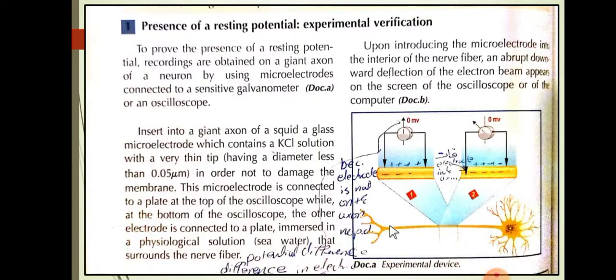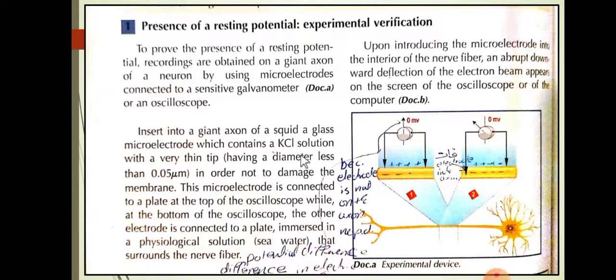So we took a giant axon, this neuron, teacher. Giant means big axon. You know that the neurons, the nerve cells inside your body or inside all animals' bodies, are not seen by our naked eye, because they are cellular, they are microscopic, seen under the microscope.